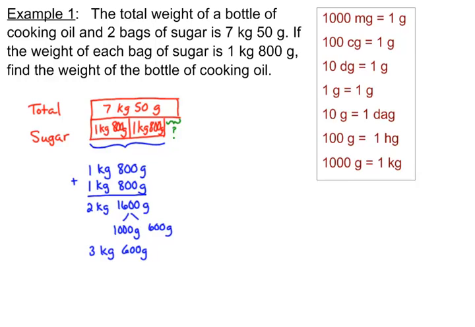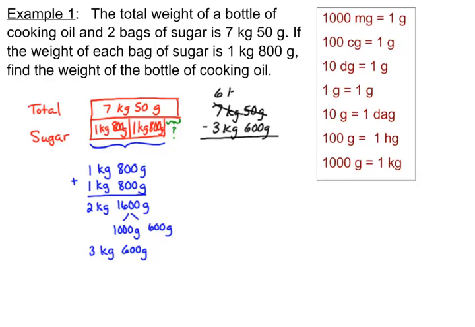And now we just have a subtraction problem. So I'm going to start out with my 7 kilograms and 50 grams. And I'm going to subtract my 3 kilograms 600 grams. I'm going to do some borrowing.